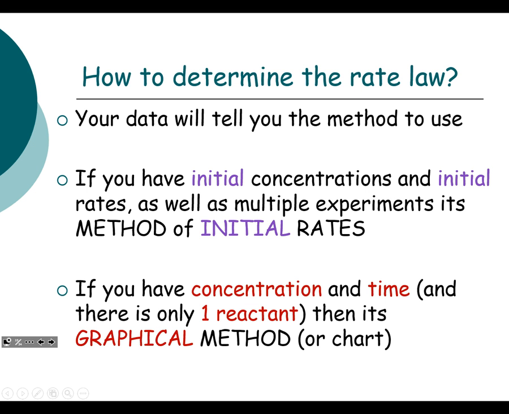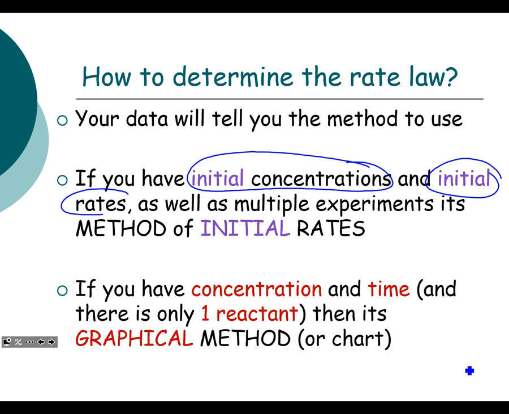You have to have initial concentrations. You have to have initial rates to use the method of initial rates. As well, you're going to have a lot of different experimental data to look at, but notice everything in purple: initial, initial, initial. You have to have those initial rates and initial concentrations.